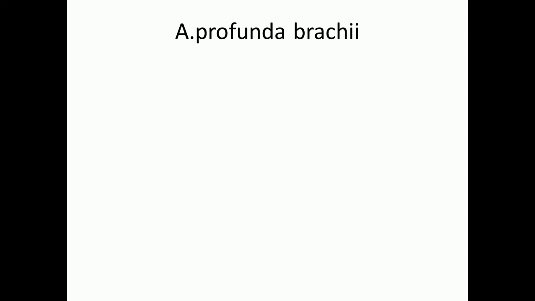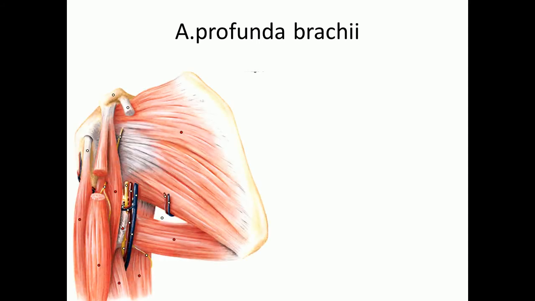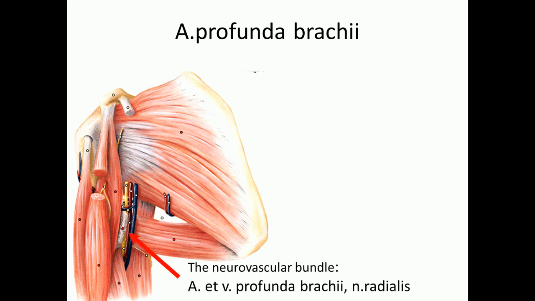And now, it is very important to repeat that arteria profunda brachii goes in the content of a neurovascular bundle, which consists of arteria, vena profunda brachii and nervus radialis. This is the place of starting of canalis humeromuscularis or canalis spiralis.